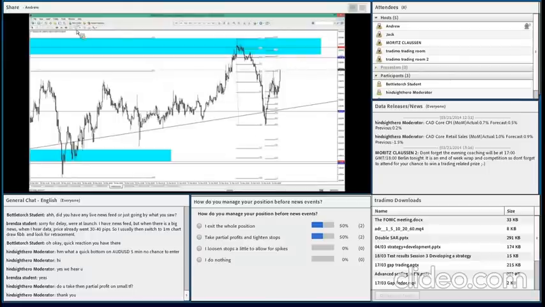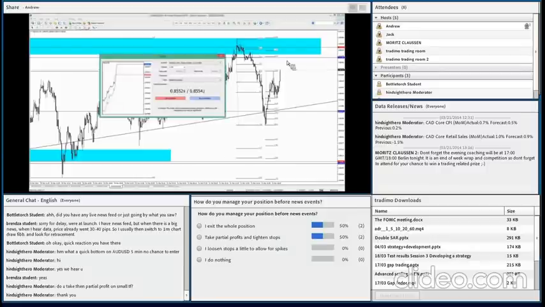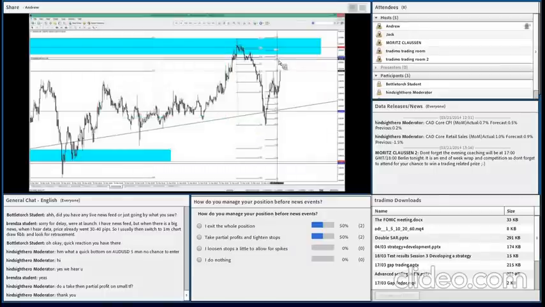Okay, so what we could do is look for a short at 0.8558. Is that right? Yeah. With a stop loss, you can measure this, so about 10 points, and I would add a little bit on there, so maybe let's call it 70.